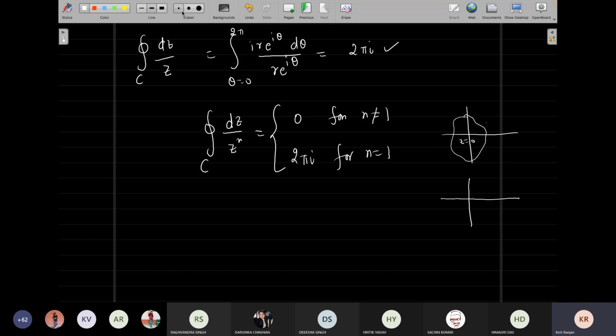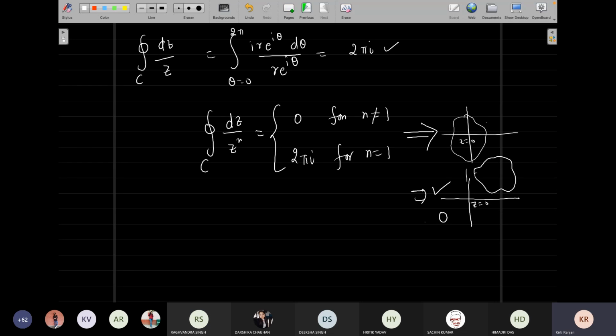So instead of the integral we have already taken care of, I draw a contour here in this Argand diagram, not including z equal to 0. What will be the result for this? 0, sir. 0 everywhere, or 0 for n not equal to 1 and some non-zero value? 0 everywhere, sir. Yes, very good. So you got 0 everywhere.